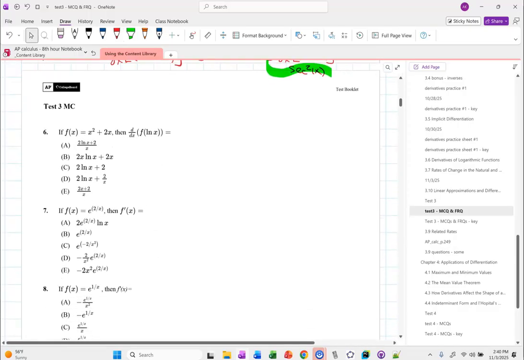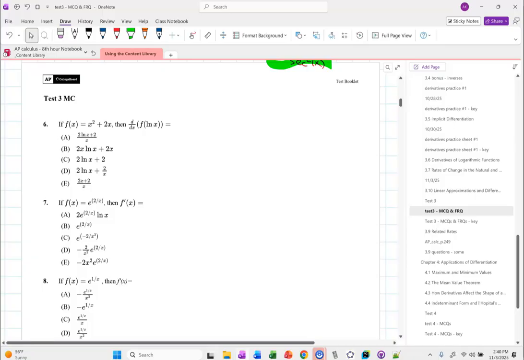Oh, I love this one. If f of x is equal to x squared plus 2x, then the derivative of f of the natural log of x is equal to, how do I do this? What's that? You can, I wouldn't do that first though.